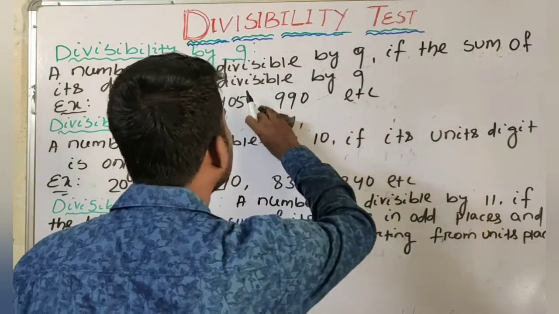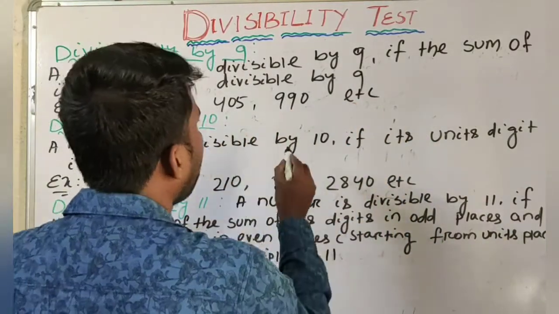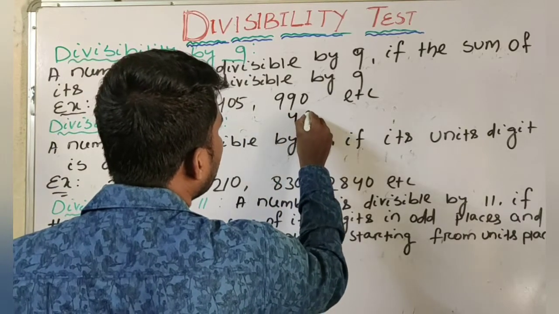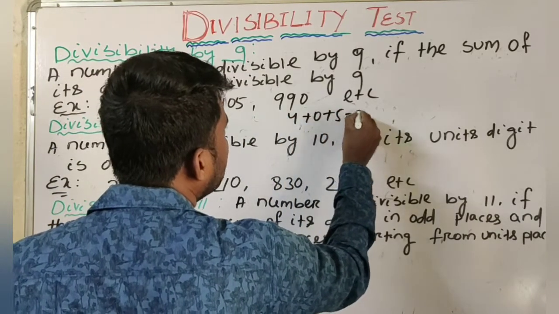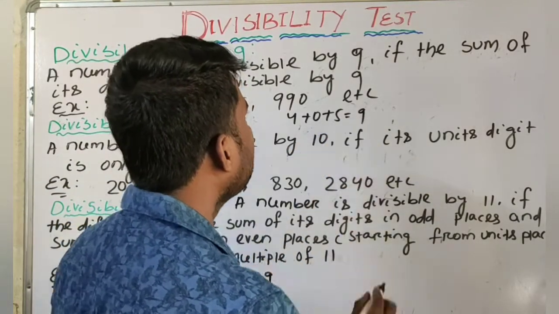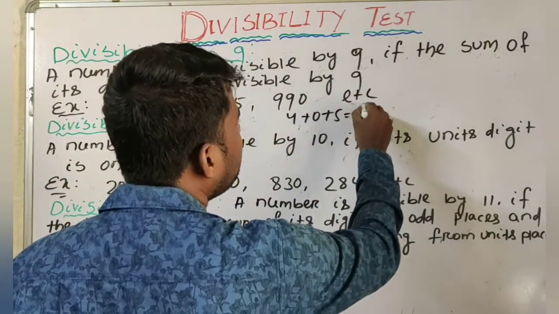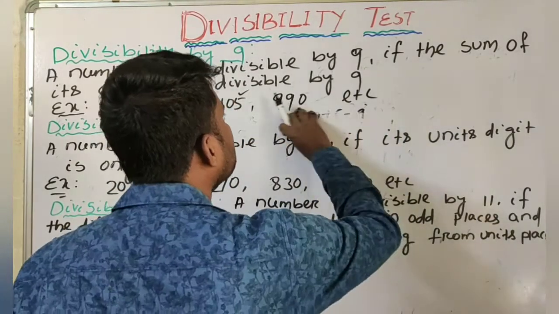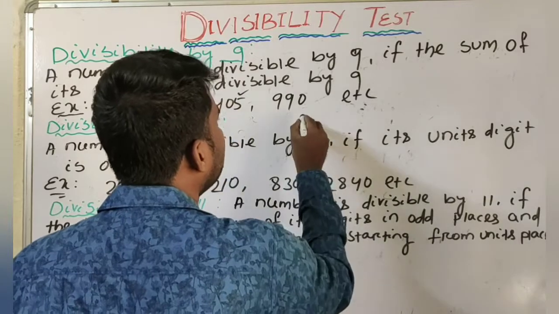Here also 405. The sum of its digits is 4 plus 0 plus 5 is equal to 9. 9 is a multiple of 9, so this one is divisible by 9. 990.